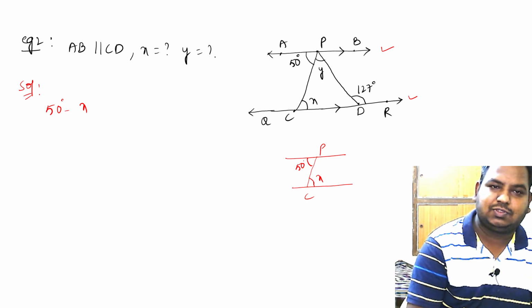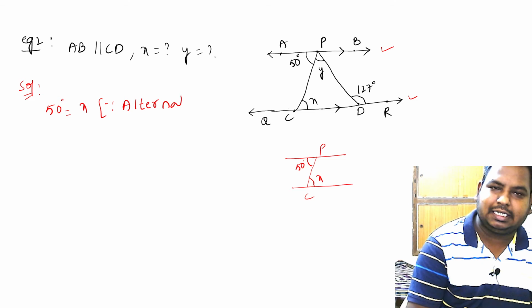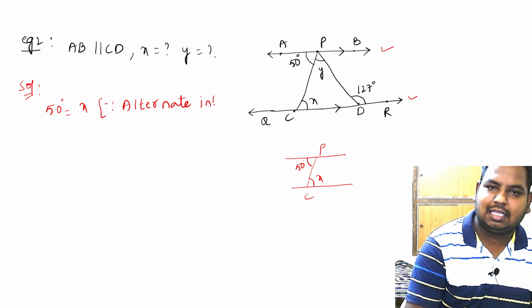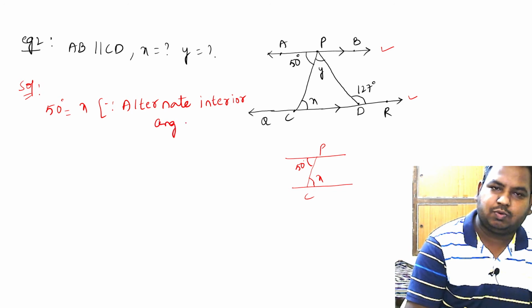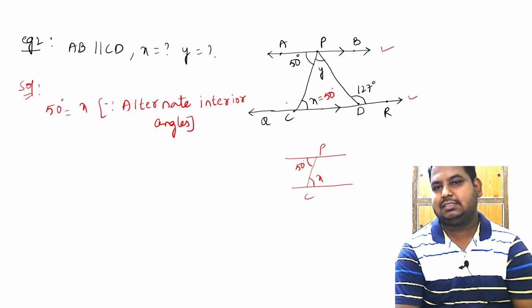So 50 is equal to x. What is the reason here? The reason is both the angles are alternate interior angles, and alternate interior angles are equal if the lines are parallel. So we got x is equal to 50 degrees.